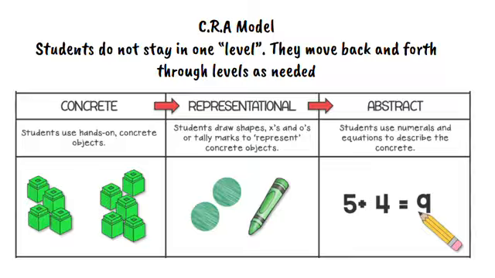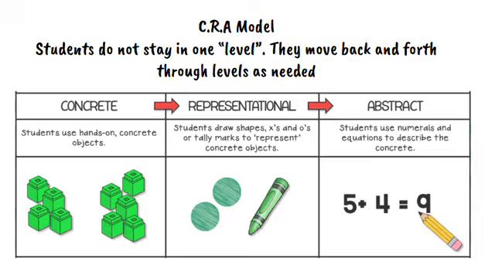So when I am saying concrete, I'm referring to the hands-on objects or the hands-on manipulatives that your child or yourself can physically touch and manipulate through the math. When I am talking about representational, it's going to be anything that you or your child can draw.